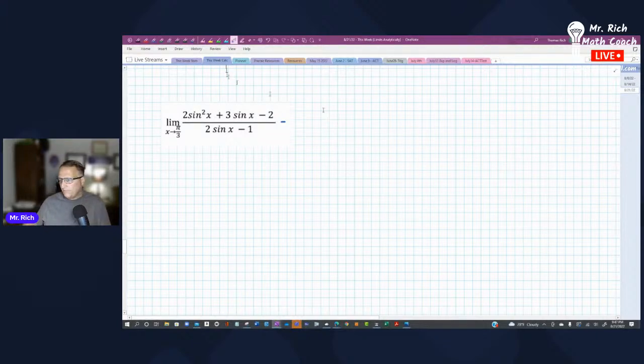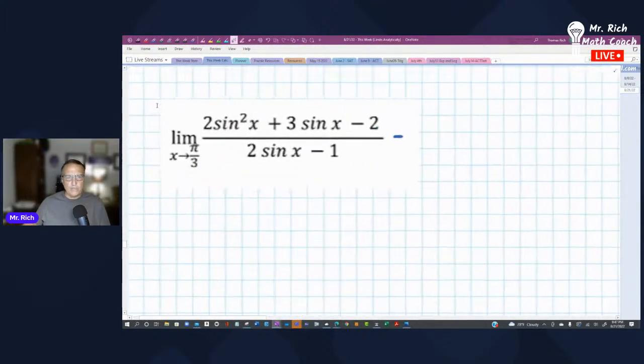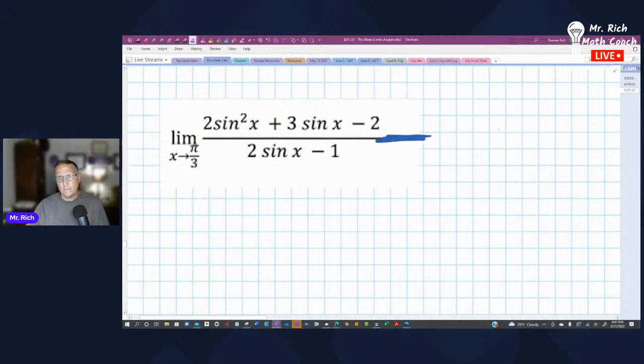And you've got experience in this because you've done this in pre-calculus in terms of simplifying trig functions, right? This was part of your trigonometry section, trig identities. But now what I do recognize is that my numerator can be factored. It's a quadratic type expression.